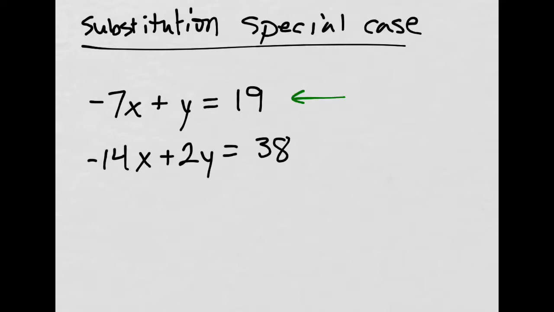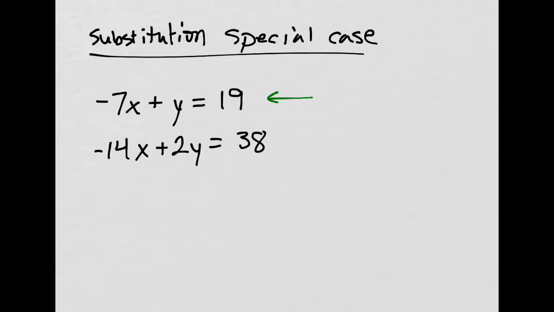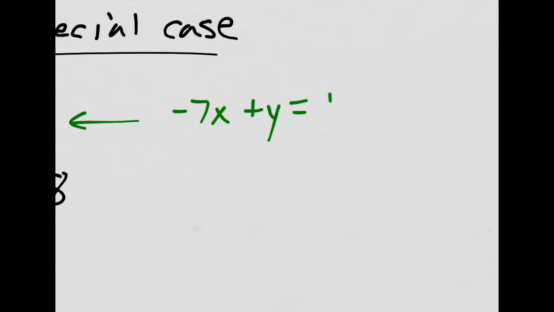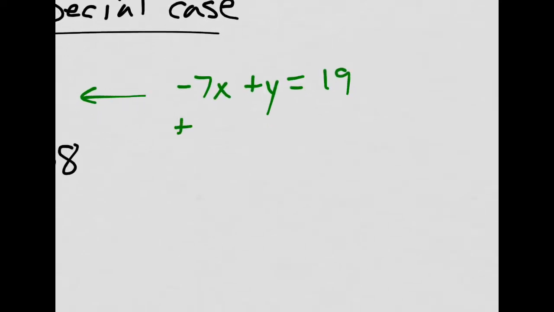So I'll use this one because remember, it's easiest to solve for a variable that has a coefficient of 1. So I do that, and I will have negative 7x plus y. This one will go a lot faster, I think, because I'm going to explain less. Add 7x to both sides.